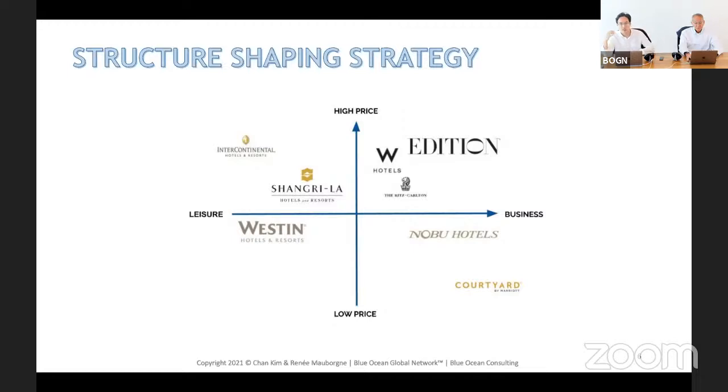And then you have the Ritz-Carlton that caters to more of the business professionals. Then you also have the hotel groups that are positioned at a bit of a lower price, but serving the business customers as well, right? Maybe the middle management in the business travelers. So you can see more or less the generic strategies that Michael Porter talked about in the 1980s do apply quite accurately to the hotel industry.